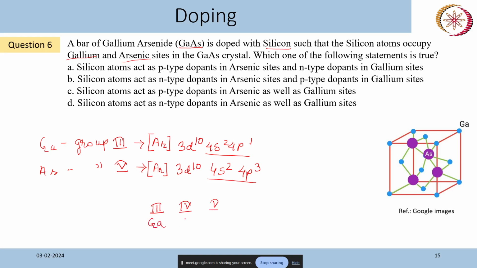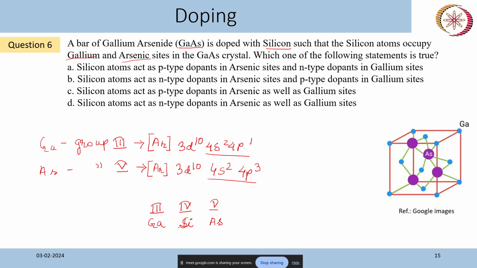Gallium, now this is silicon, and arsenic. In silicon, when we dope with trivalent, it gives us p-type, and when we dope with pentavalent, that gives us n-type doping. So if the number of electrons is less, that gives us p-type doping.